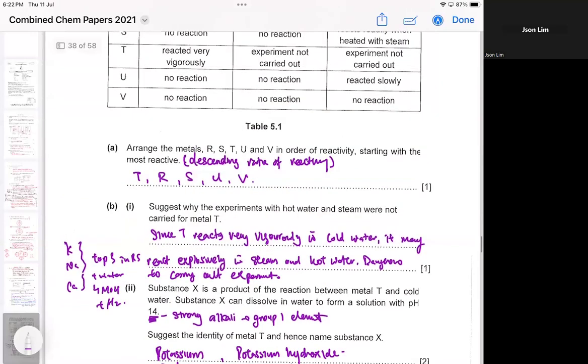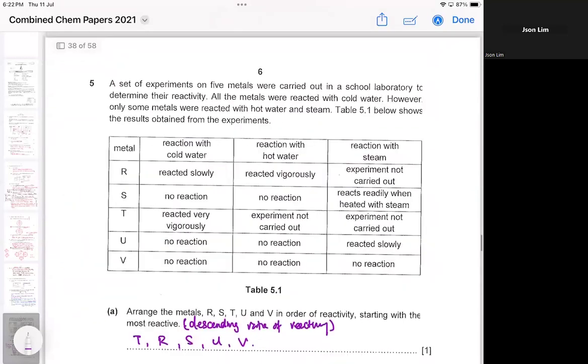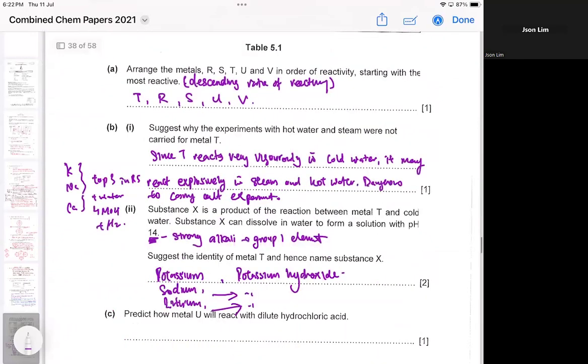Okay, for the next one, the metal does not react with cold water, does not react with hot water, but it reacts with steam. If you remember, those that react with steam are magnesium, zinc, and iron.